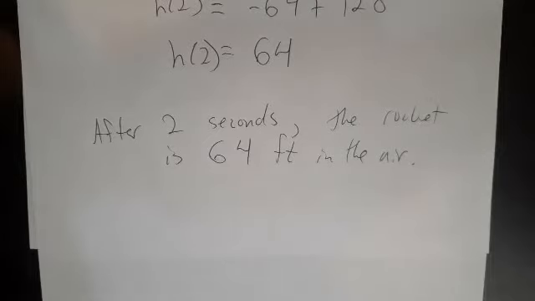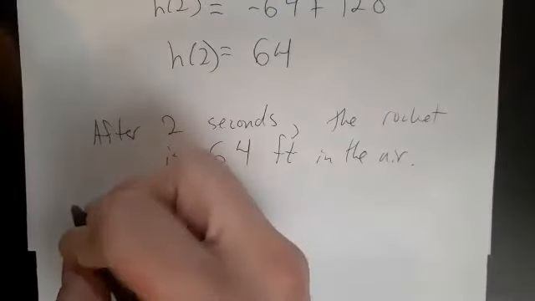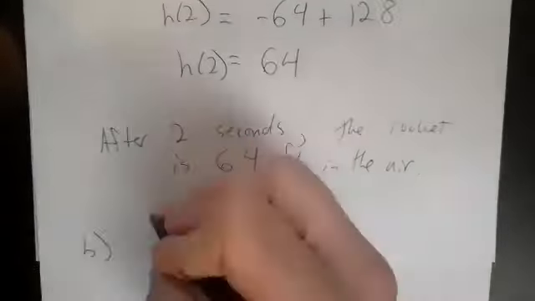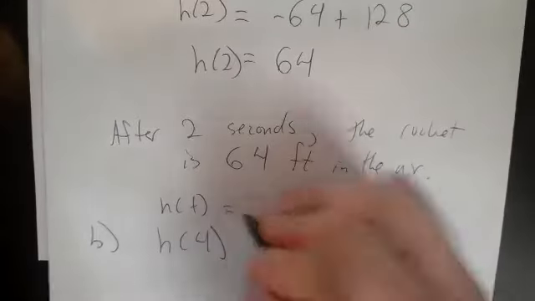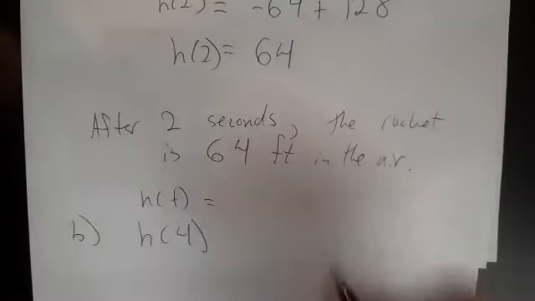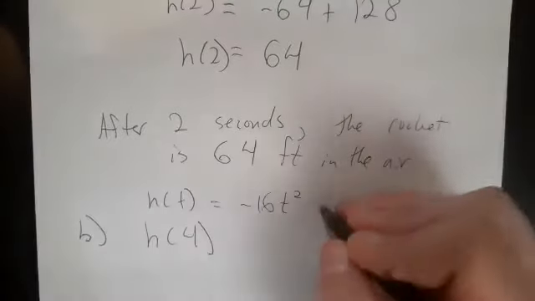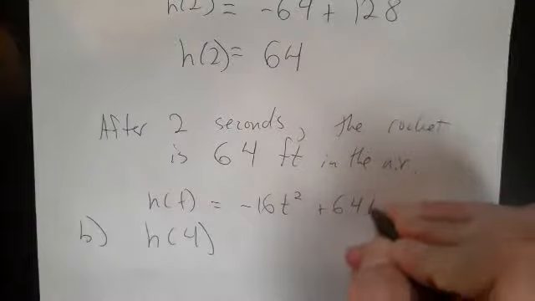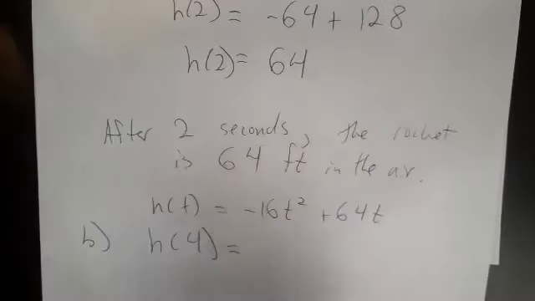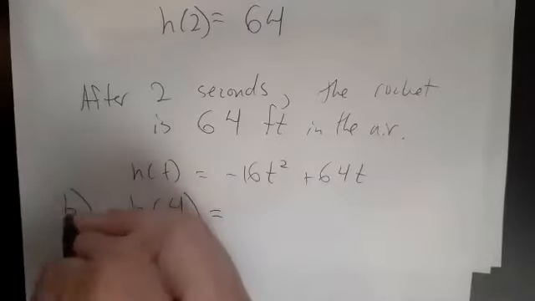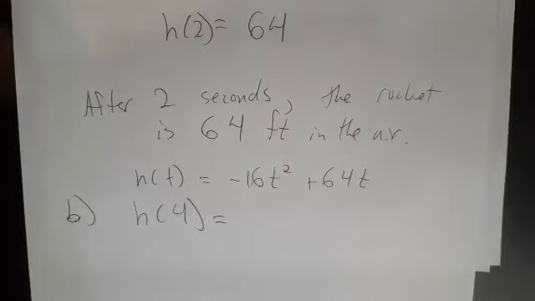So that is the correct interpretation. Let's look at the next one. They want us to find h of 4. h of t is minus 16t squared plus 64t.